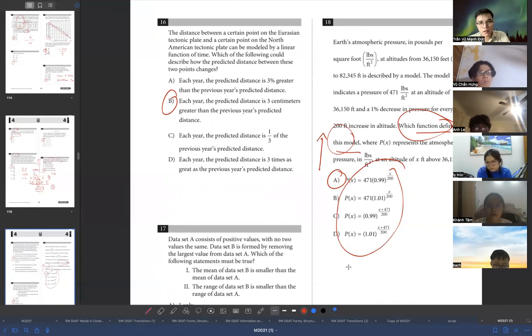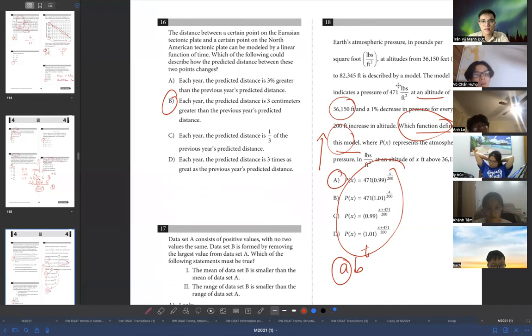So what are you looking for? Firstly, the initial number, A. Secondly, the percentage of increase or decrease, the growth factor or the decay factor, B. And thirdly, the input or the time it takes to have a change, T. Let's look for A first. At an altitude of 36,150 is 471.